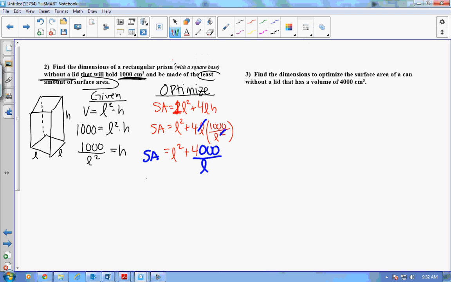Okay, so surface area prime. And we could also on this one, because I think it's easier to bring that L up than worry about the quotient rule. So I bring that up as a -1. Claudia, what's the derivative going to be?